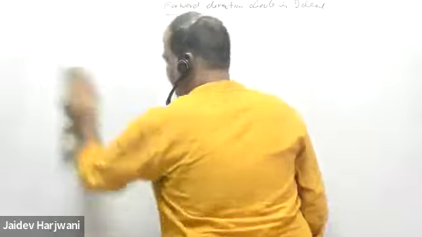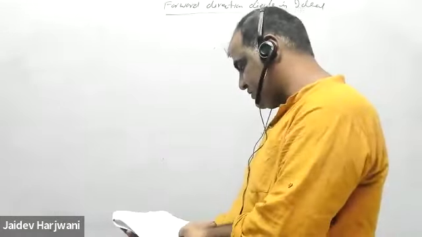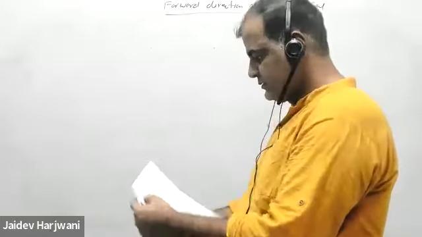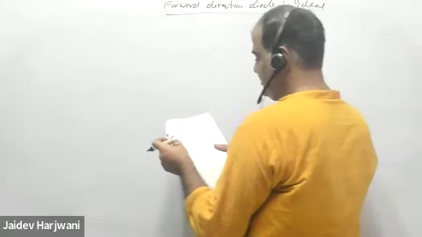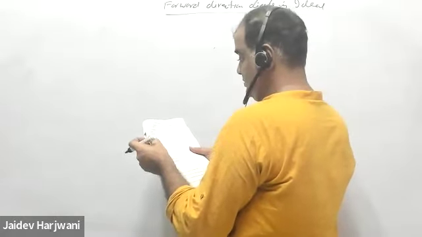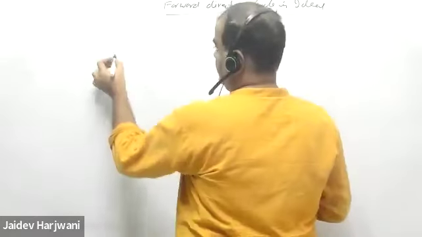This problem came in your exam. Now I'm taking some exam problems only, so let me do one more exam problem. You should be able to tell me this very easy question.